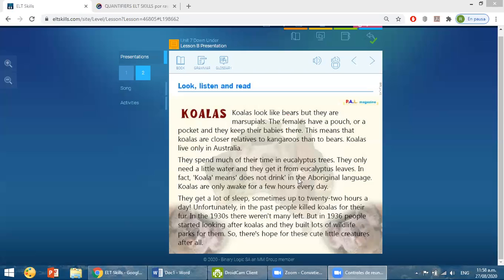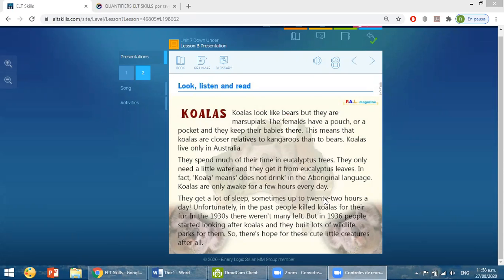Okay? And then this is important information. Listen. Sometimes they can sleep 22 hours a day. You can see? They sleep a lot. 22 hours a day. And only 2 hours they eat.